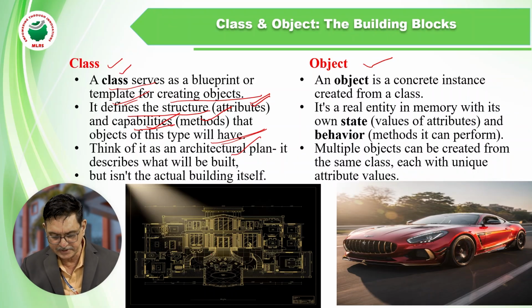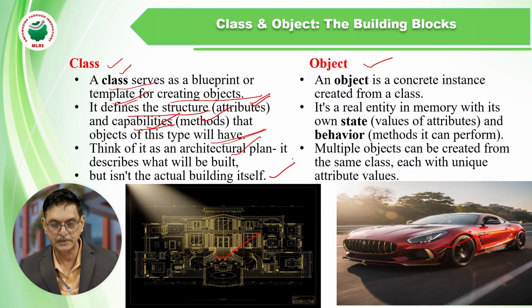Here, this particular diagram indicates an architectural plan for building a car. If you want to build this car, we require an architectural plan: how we are going to assemble, what parts are required, in what way we connect each together. But be careful, it is not actually building itself.